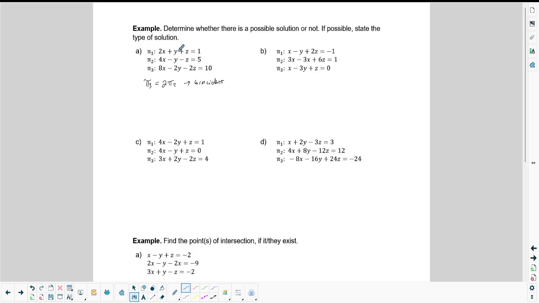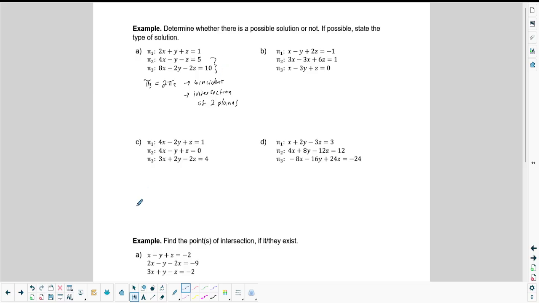Now, since this third plane is not coincident and it is not parallel, I've checked those x and y's. We already determined those do not match up. They are the only two that are 2 and 3. That means what you're really doing is the intersection of 2 planes, because these two are the same.